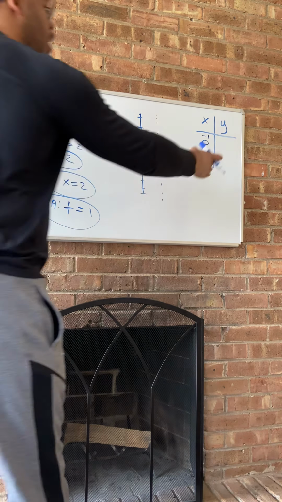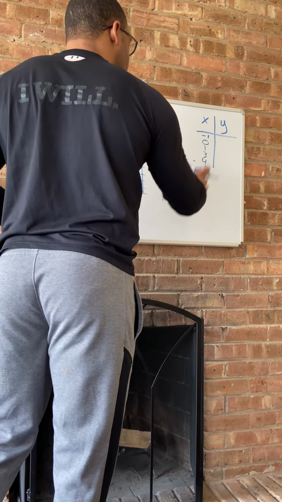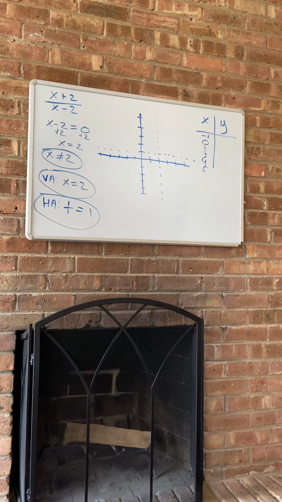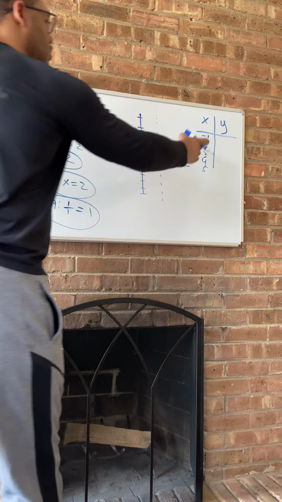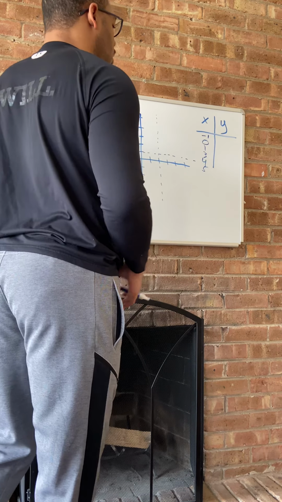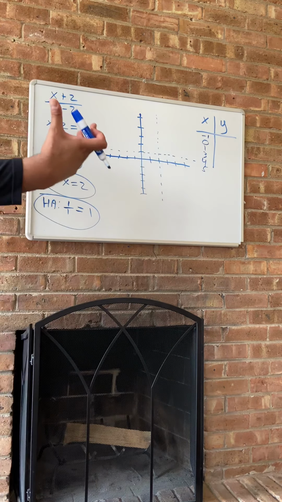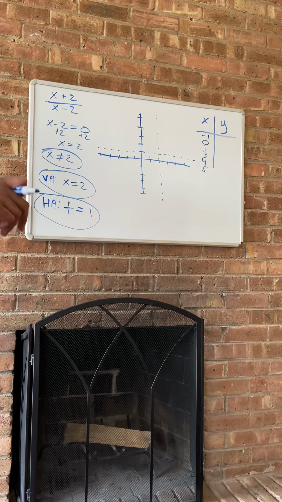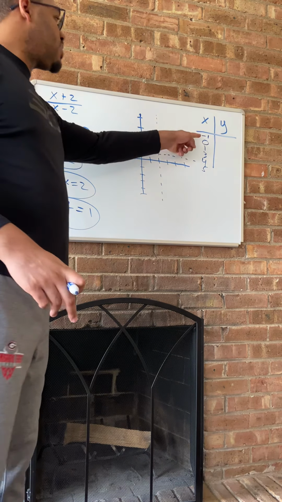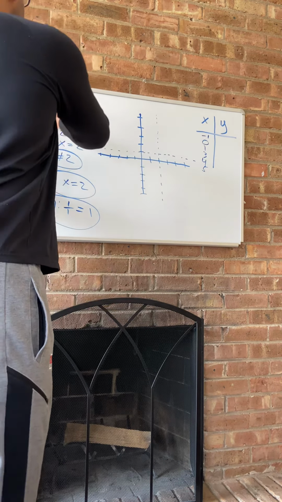To be able to find my y values, I plug these x values into the equation, then I simplify. So I'm not going to do all of the points on the board just because I ran out of space, but I did write them down so I can give you the correct answers. First x value was -1, so I'll plug in -1 into this.